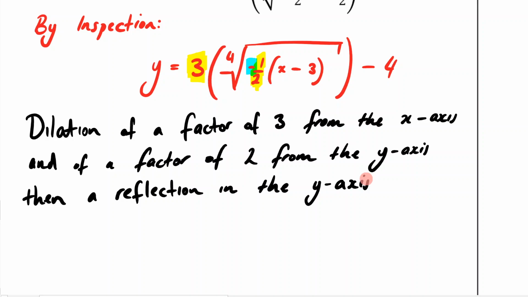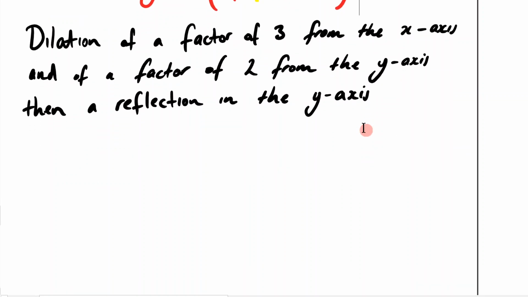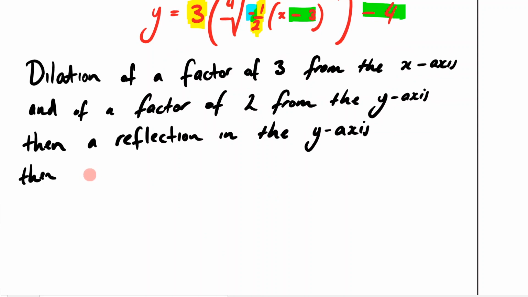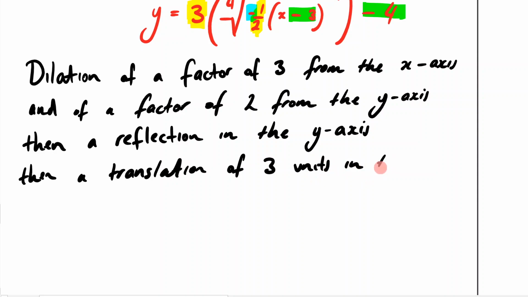And then after we've done that, we're then going to focus on our translations. So we're going to come here, we've got this minus 3 and this minus 4. So we're going to say, again, all important word, then, a translation of 3 units in the positive. So remember, it's positive because there's negative there. Yes, I know it's confusing, it's trying to trick you.